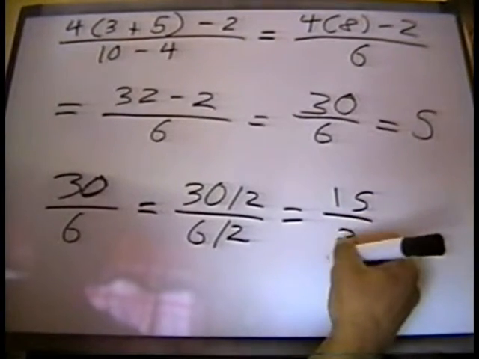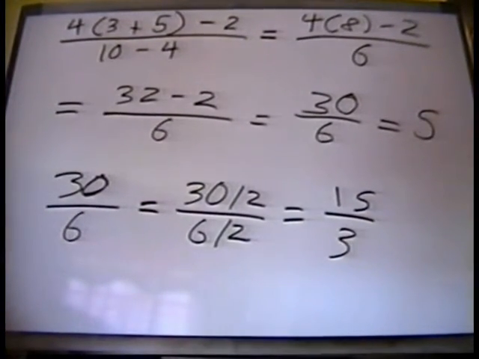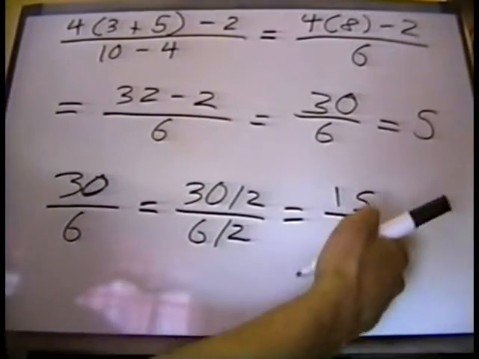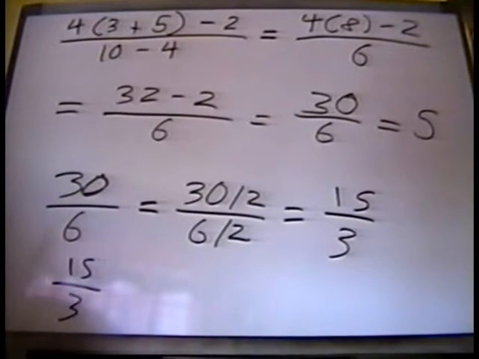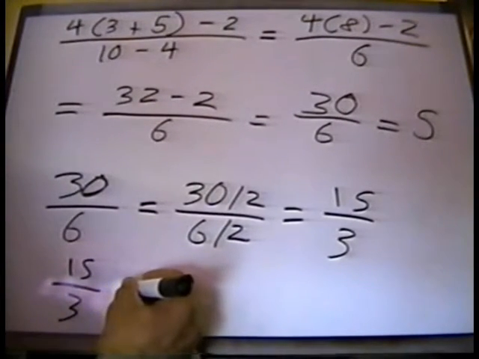See, 15 over 3, okay? That's a smaller number, that's easier to deal with, isn't it? 15 divided by 3, you know, that's 5. We know that's 5. Now I can take this number and divide that by 3, or I can factor out the 3's.